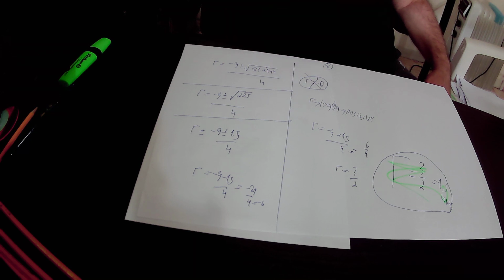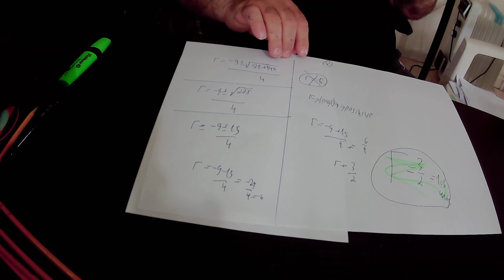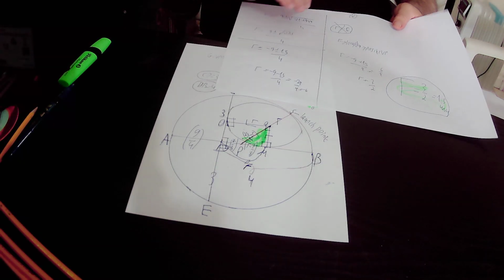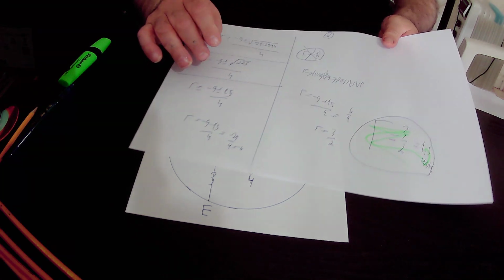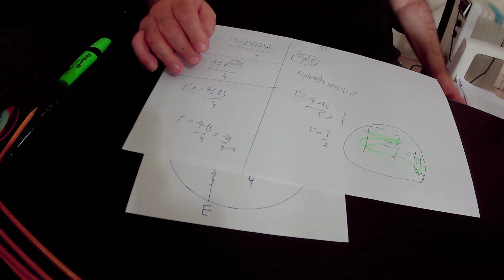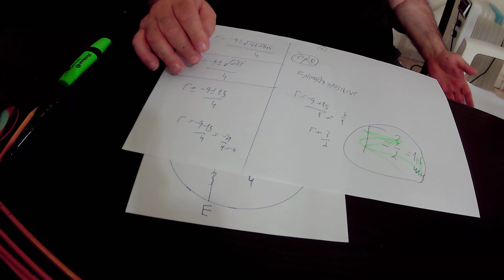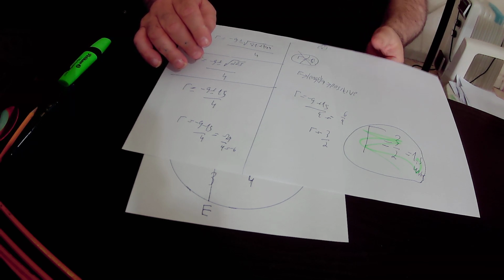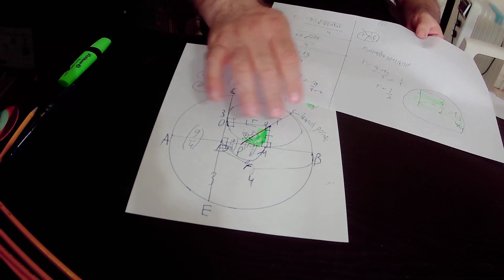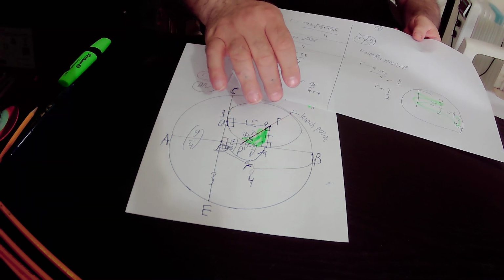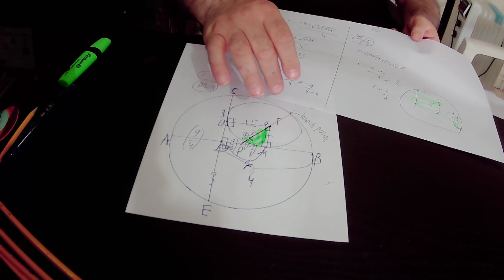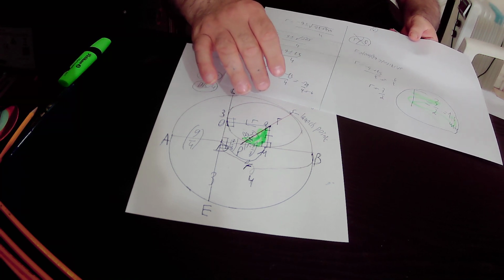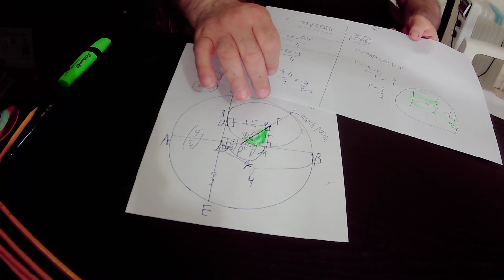So in conclusion, r, the radius of the small circle that we are looking for, is equal to 3 over 2, or 3 halves, or in terms of numbers, 1.5 units. I repeat again, the radius of this small circle, small r, equals 3 halves, or in terms of numbers, 1.5 units.